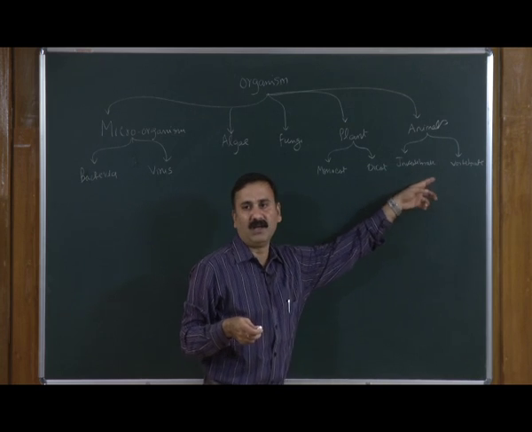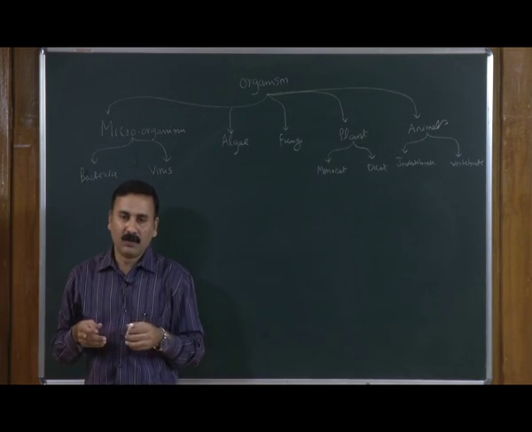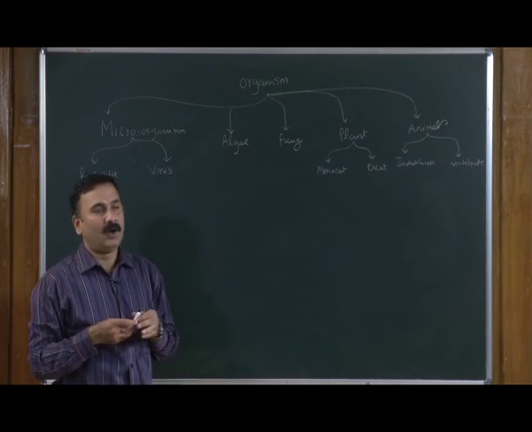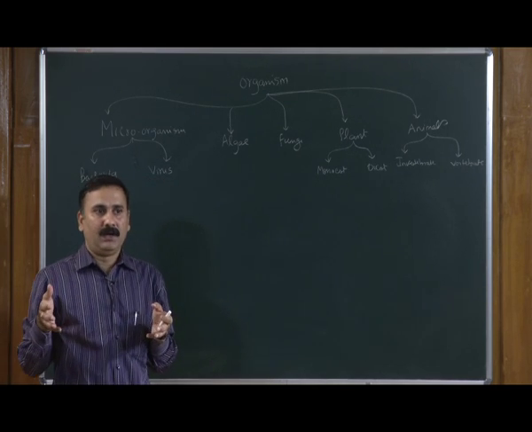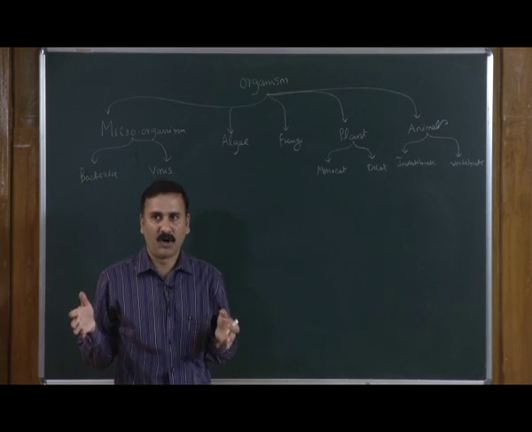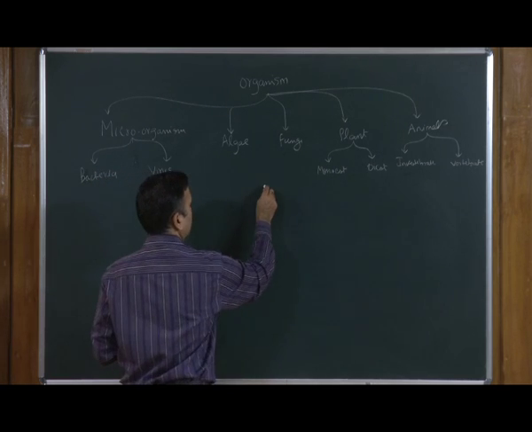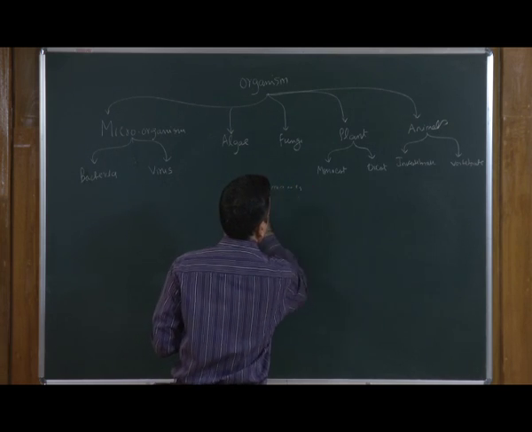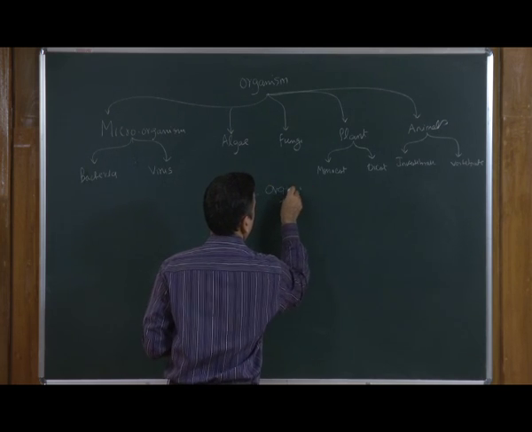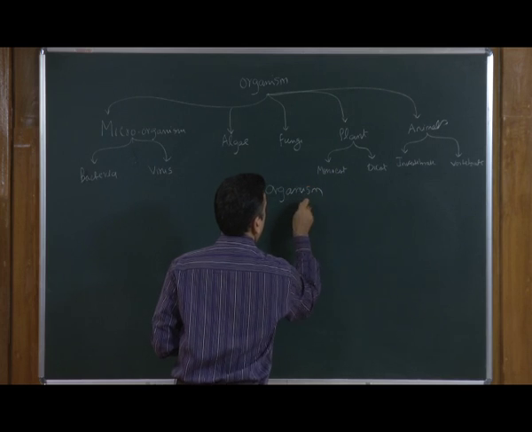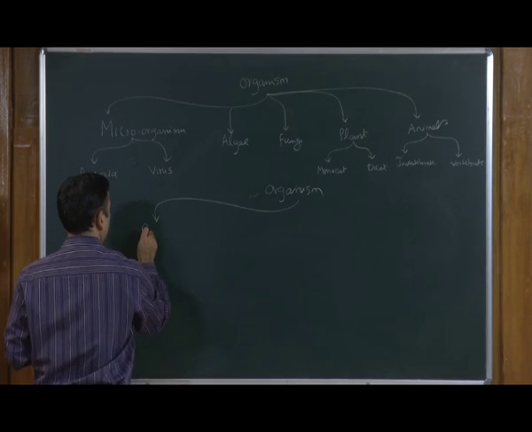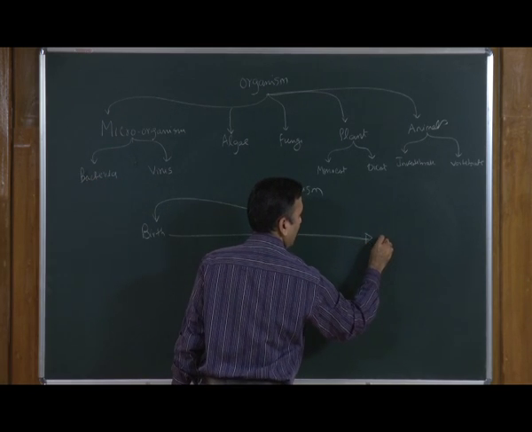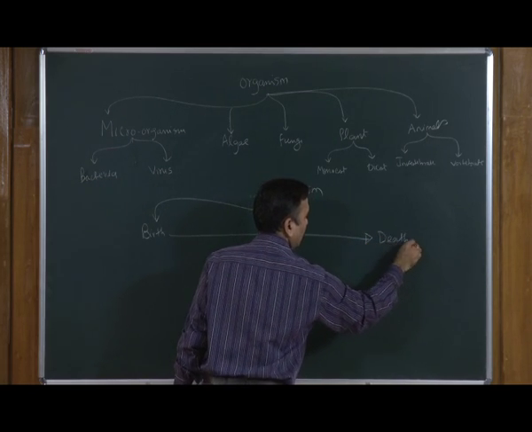But the point we are planning to discuss is that all these organisms have one thing in common: every organism is taking birth, and then every organism is going for death.